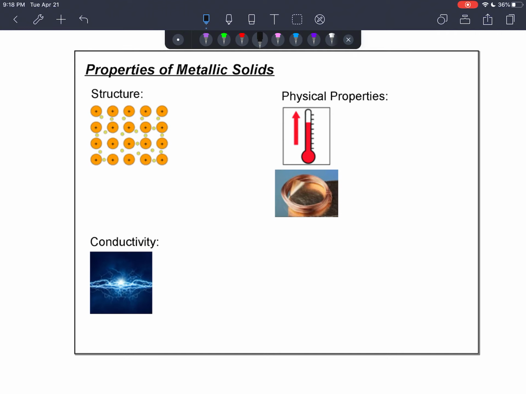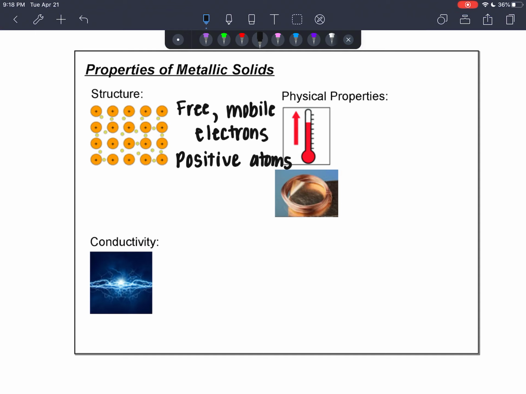So let's talk about some of the properties. I talked about how all of our electrons are free to move, so we have free mobile electrons. And because we have free mobile electrons, we end up having positive atoms that are left behind as the electrons freely move about.